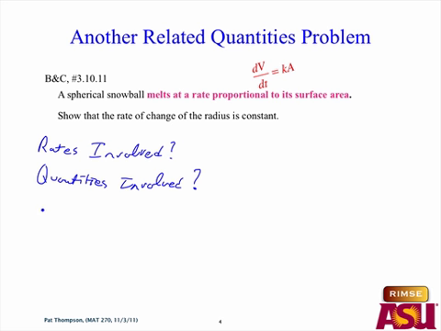On what? On the rates? Or like the equations for... So we need an equation, right? So we need to relate the quantities, right? And then what? Yeah, so then we'll do implicit differentiation to relate the rates.